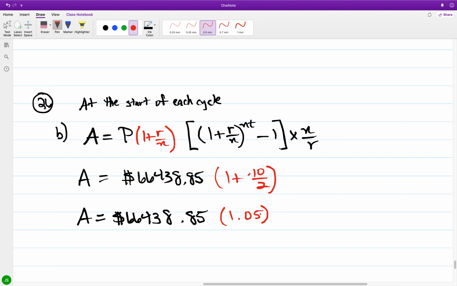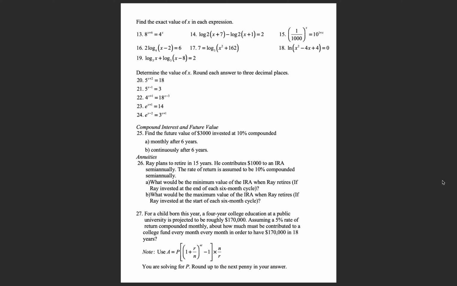So for Ray, you're looking at, after 15 years, about $69,760.79.